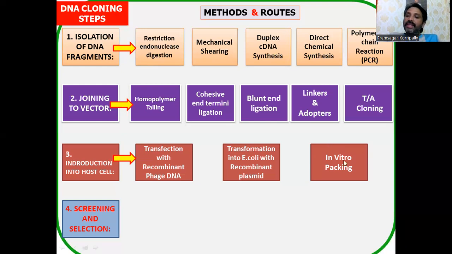In vitro packing. In vitro packing means, for example, cosmids. If you use cosmids as a vector, you clone your gene of interest into the cosmids. Cosmids have cos sites, and you provide the tail and head and the other materials to those recombinant cosmids, then they form a phage.